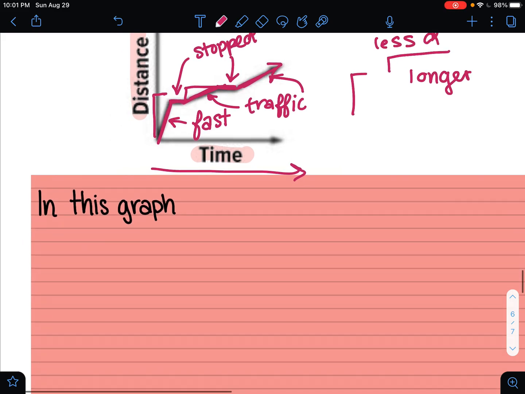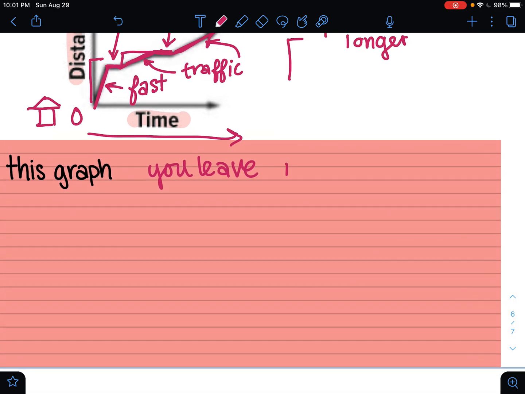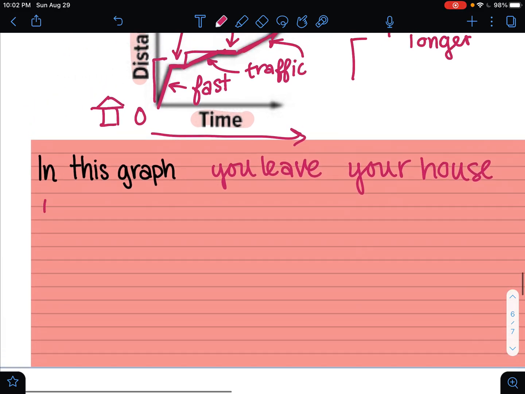So in this graph, I'm just going to write a little narrative. You leave your house, which is the origin right here, because you haven't gone anywhere and it's been no time. You leave your house without any traffic and you're going fast.